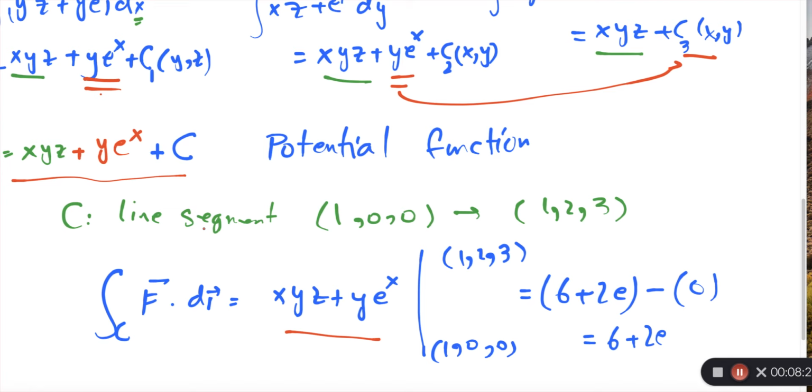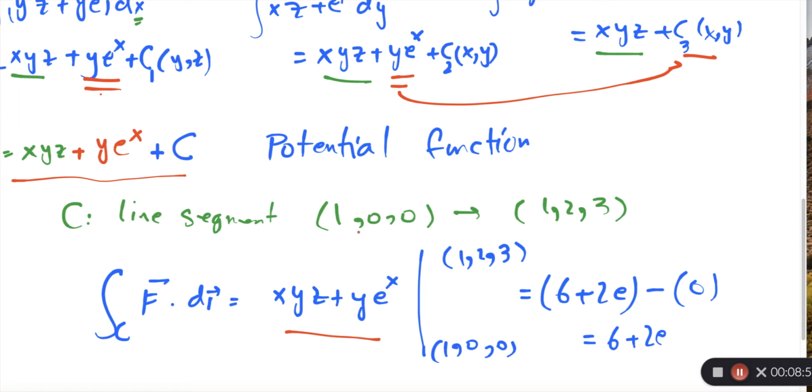That said, there are other ways of giving you the potential function. One of them is that sometimes they give you the level curves or level surfaces for the potential function, and they ask you to find the line integral from a point on one level surface or level curve to another level surface or level curve.